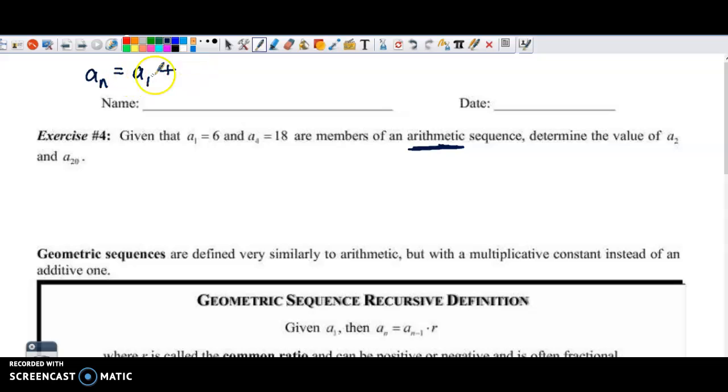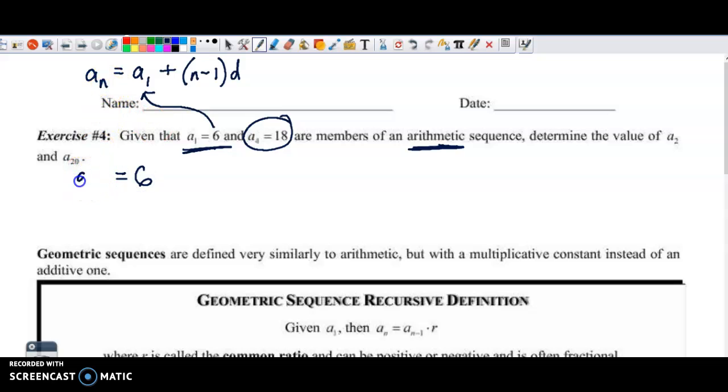And sometimes, because addition's commutative, they might write n minus 1 times d. Multiplication's commutative. We can switch the order around.